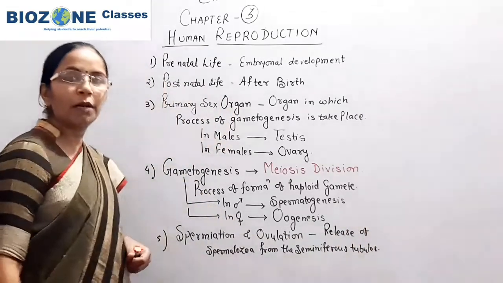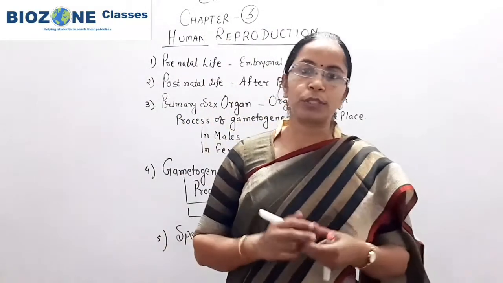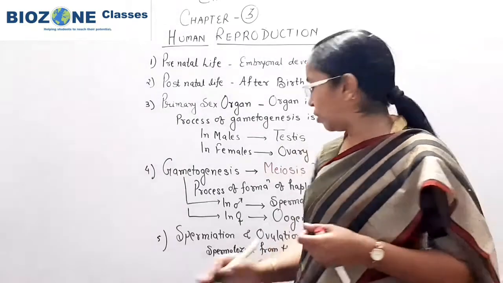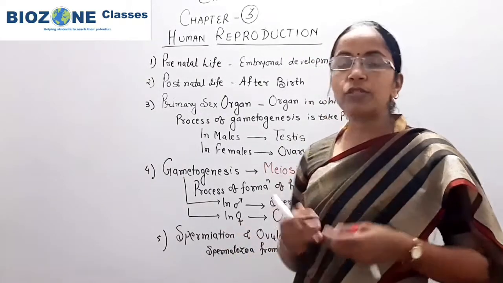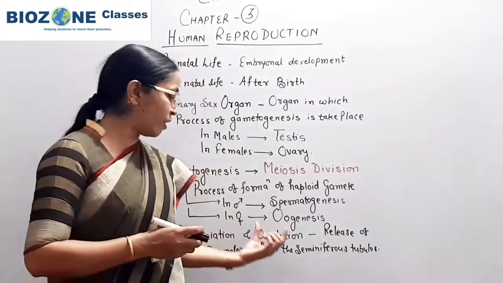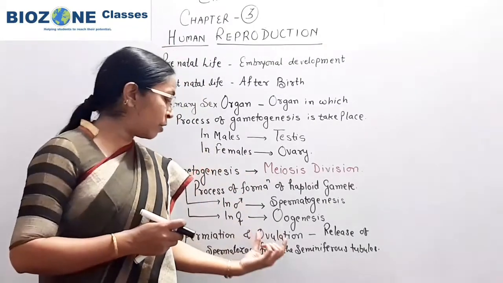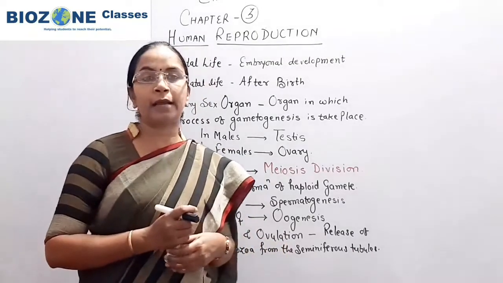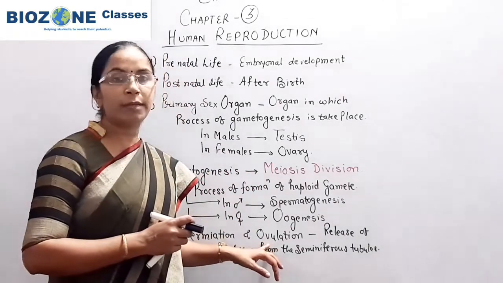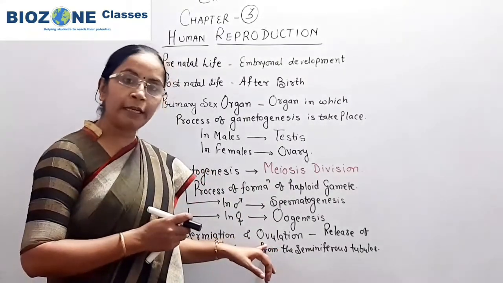And similarly, ovulation is the process of release of the ovum from the ovary. When we study oogenesis in females and the phases of the menstrual cycle, we discuss that ovulation takes place in females on the 14th day, or mid of the menstrual cycle. So that part also you remember for your NEET exams.